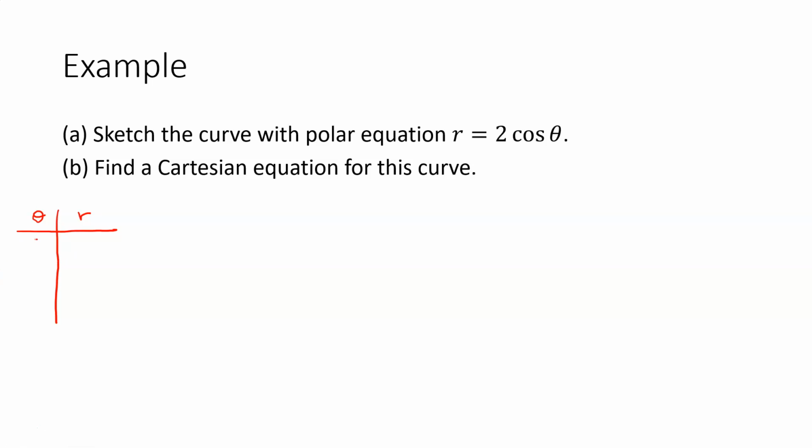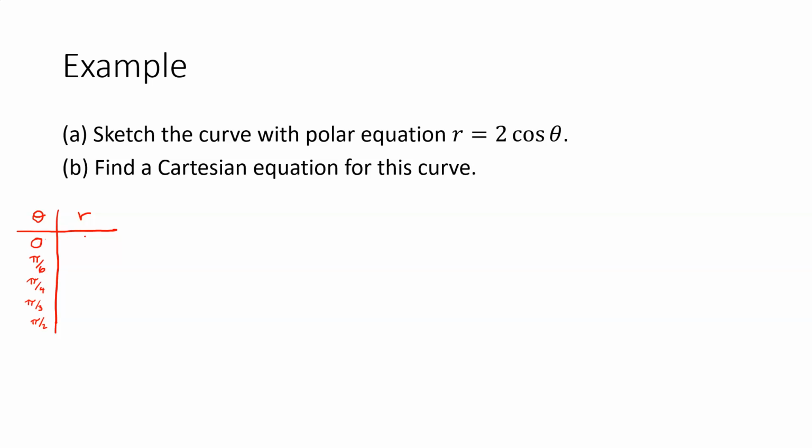So suppose we're just going to sweep through the first quadrant. Let me just evaluate this at several simple angles, ones that we can evaluate easily in the cosine function. Okay, so those would be the angles that sweep through the first quadrant.